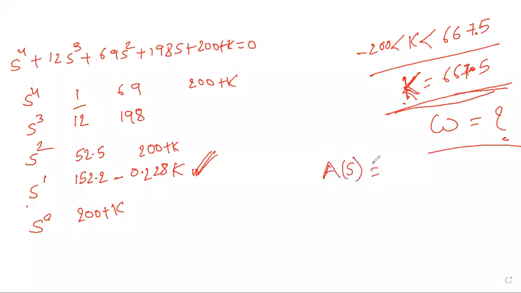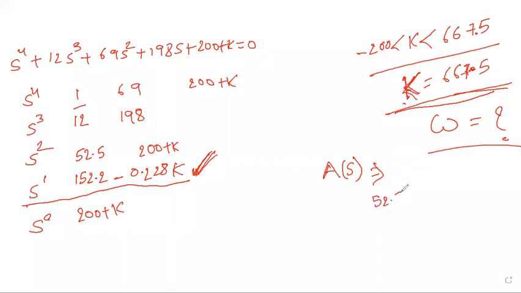What is the auxiliary equation now? Tell me. If it becomes 0, which is the case of row of all zeros, what is the auxiliary equation? 52.5 s square, right.